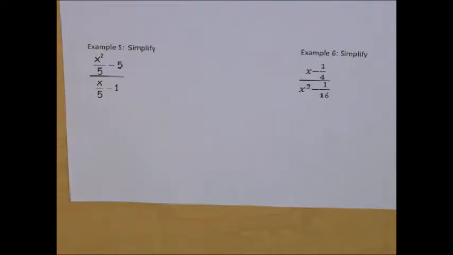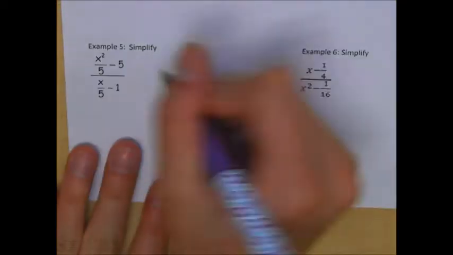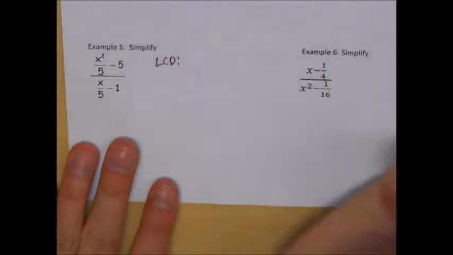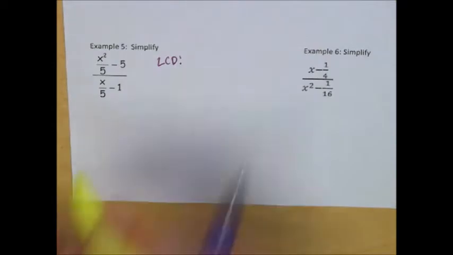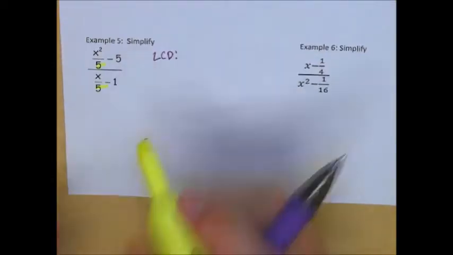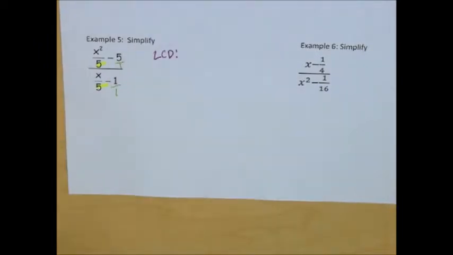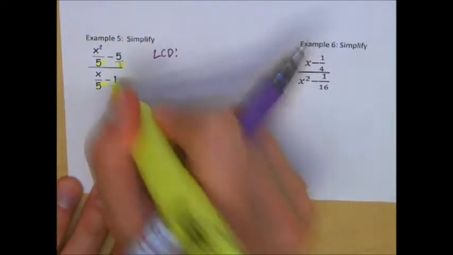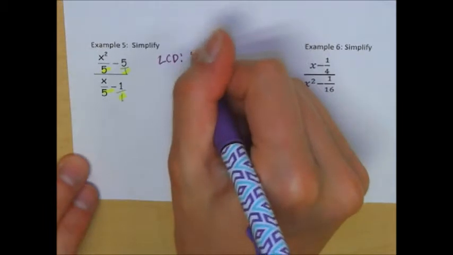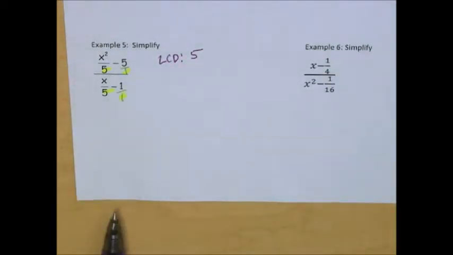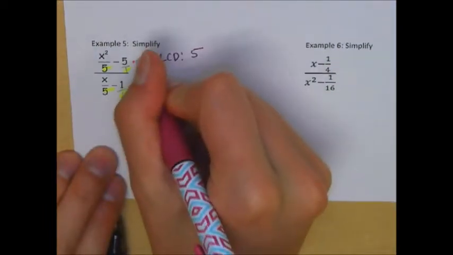Now that you've had time to try number 5, our least common denominator is, my denominators are 5. These denominators are 1. So it's going to be 5, times all of them by 5.